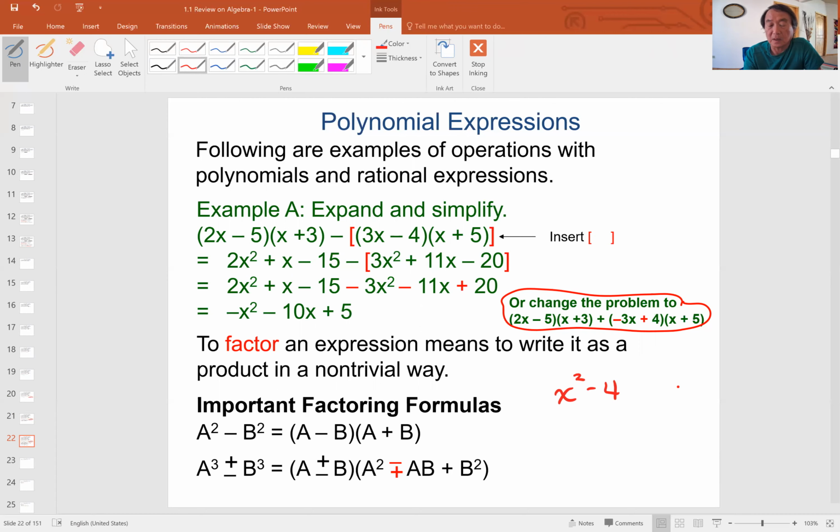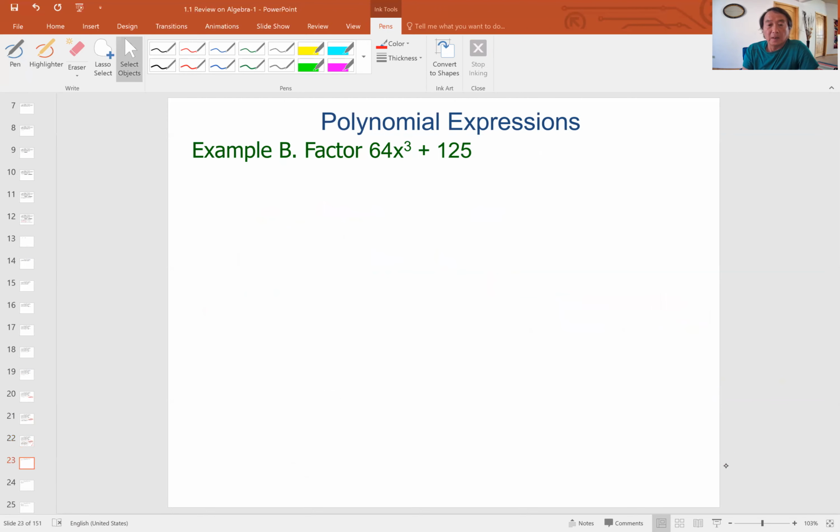This is the formula, and if I factor, it's x plus 2 times x minus 2. And this is called the factor form. Very important word. A lot of things we need to do: we need to change the formula into the factor form before we do anything to them.